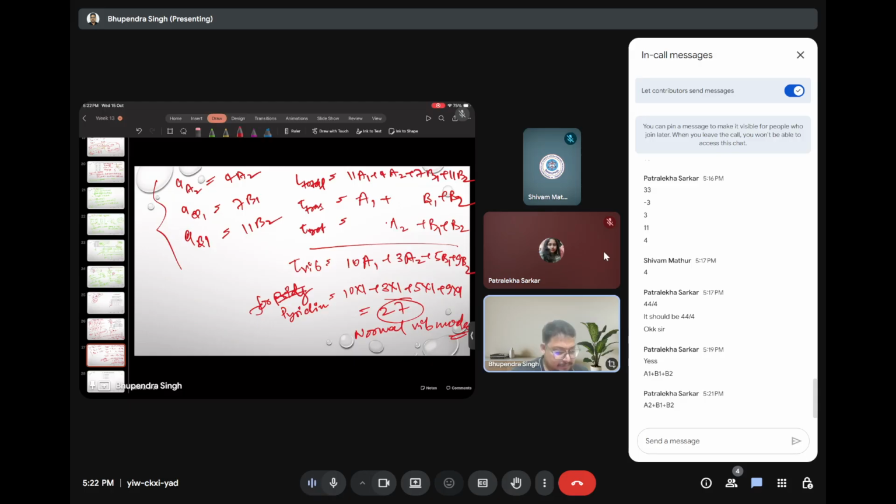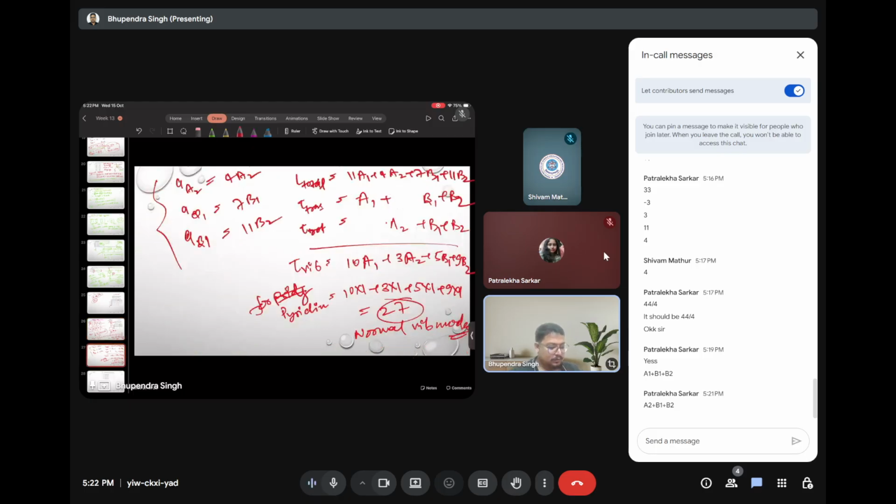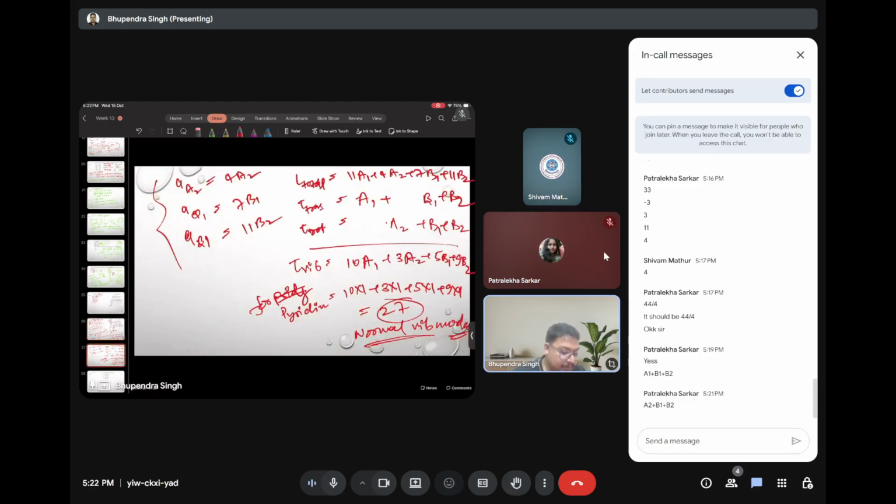But using the character table, we can find out that only A1, B1 and B2 are the IR active modes. Out of these 27 normal vibrational modes, IR active is only A1, B1 and B2. So tell me how many vibrational modes are IR active?